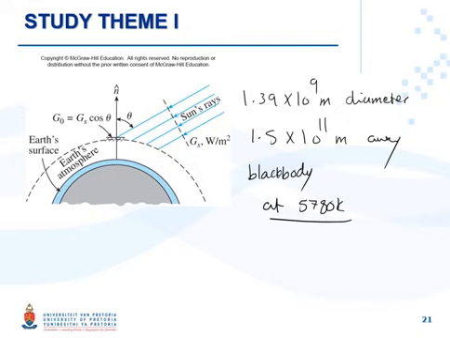We said that radiation is the only form of heat transfer that happens in vacuum. So from the Sun to the outer surface of the atmosphere, we can say that there is no problem because it goes through the vacuum.